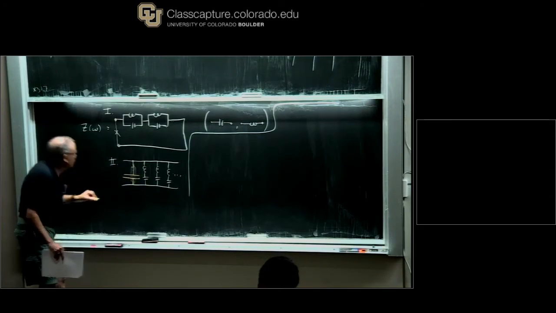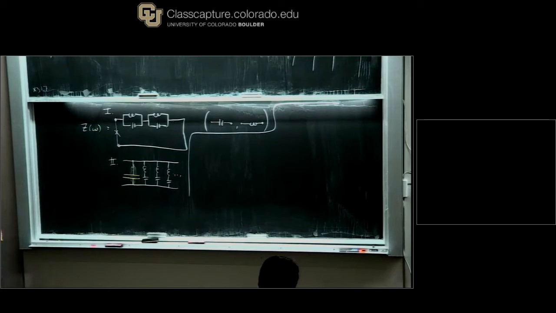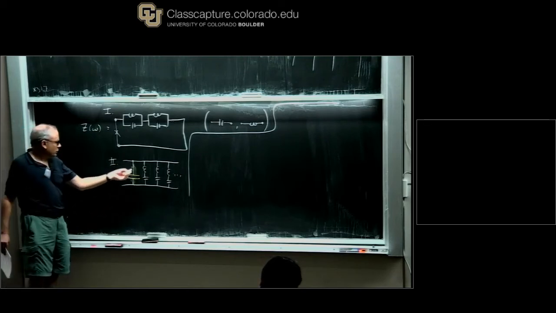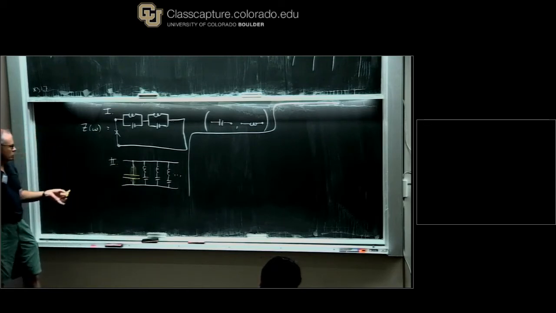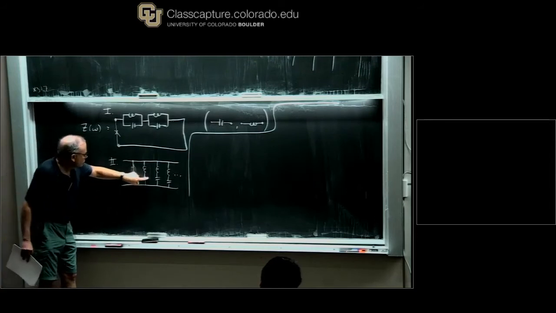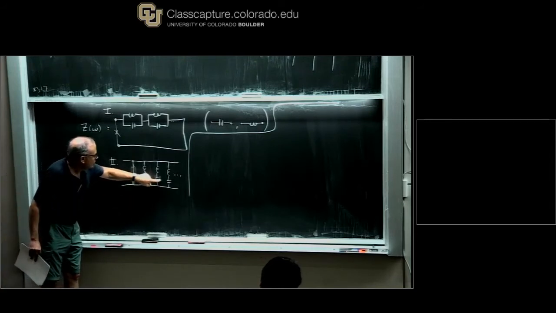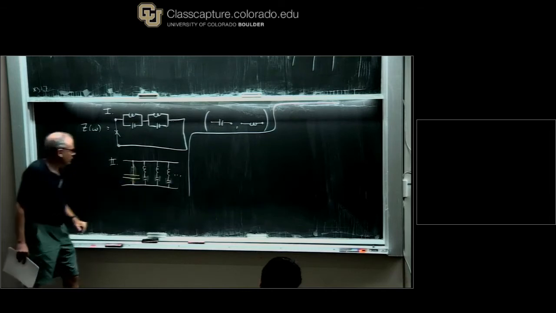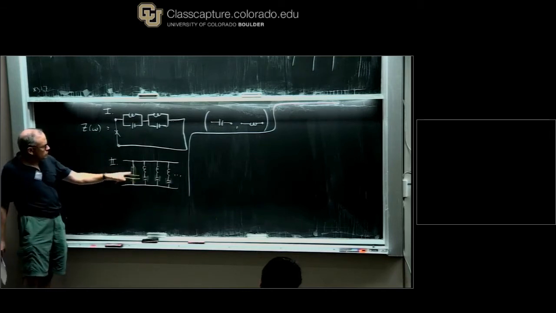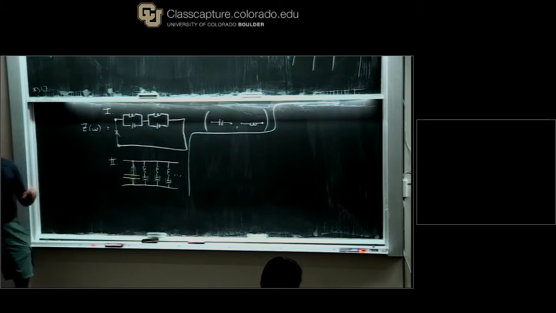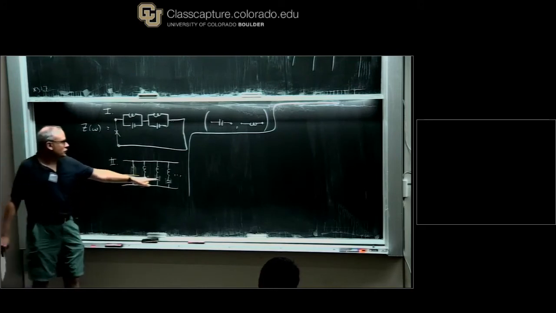Now I'm doing something that has no particular mathematical meaning, but it has a good pictorial meaning. That is, there will be a significant first stage of this second Foster representation, which is almost purely a capacitor, and a nice big one, and all further stages are small.